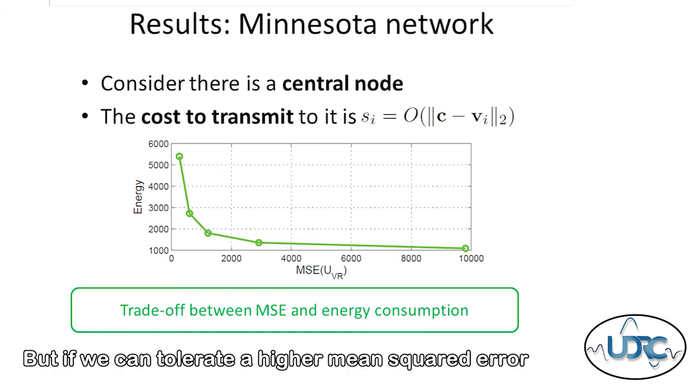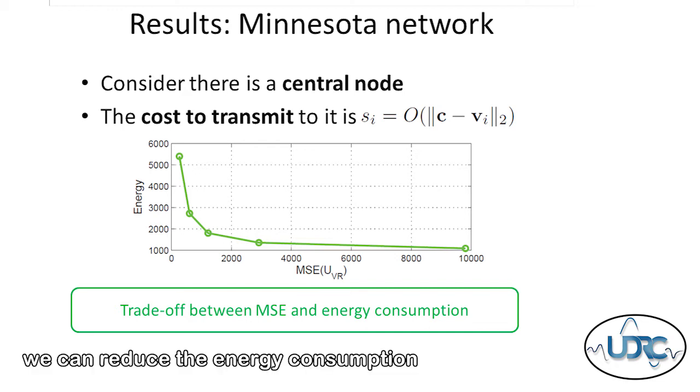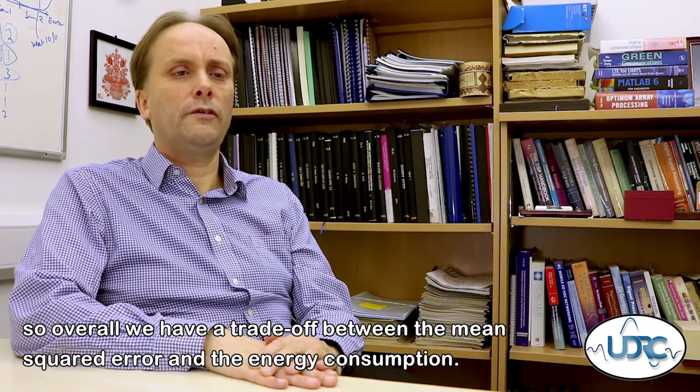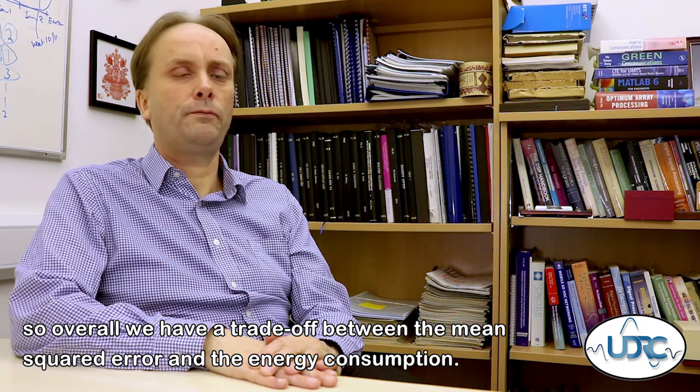But if we can tolerate a higher mean squared error, then we can reduce the energy consumption of the network very significantly. So overall we have a trade-off between the mean squared error and the energy consumption.